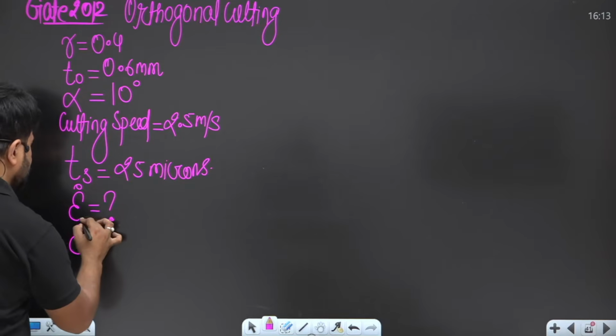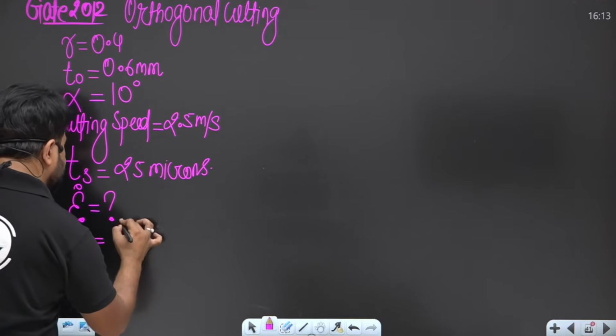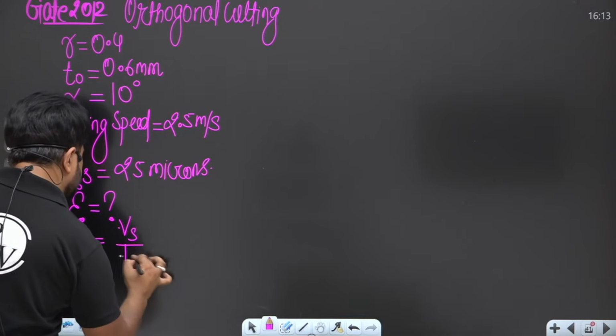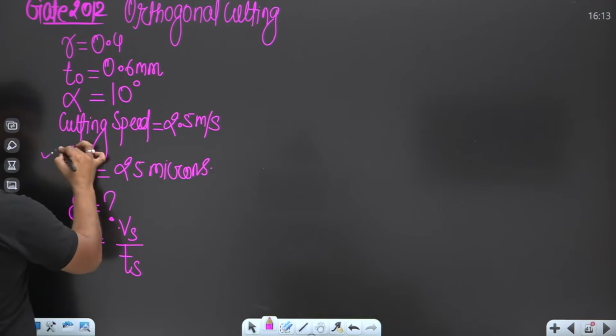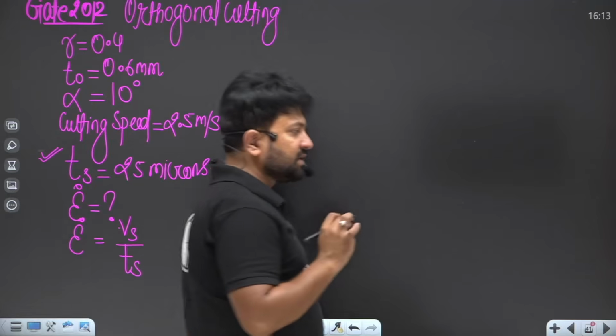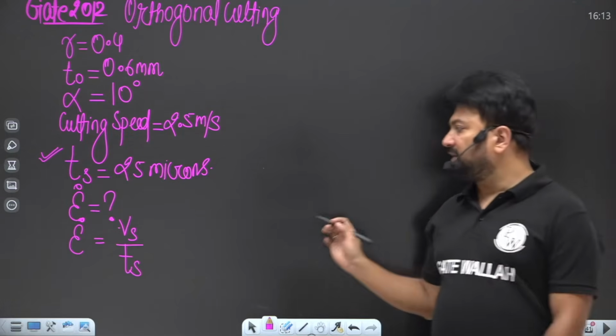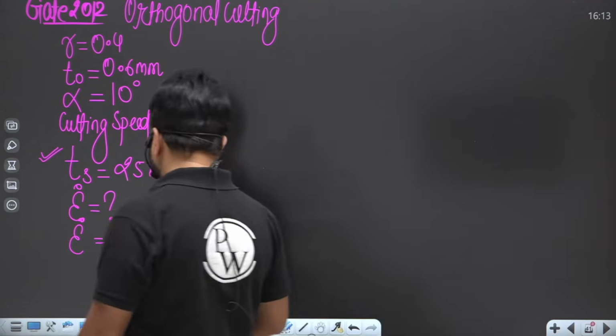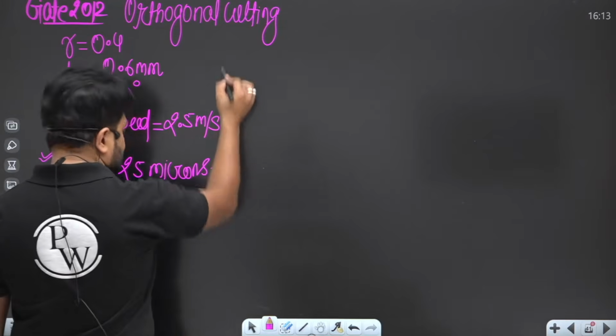We know that shear strain rate is Vs divided by Ts. We know the value of Ts, but we don't know Vs. So how can we find Vs? It's very easy.